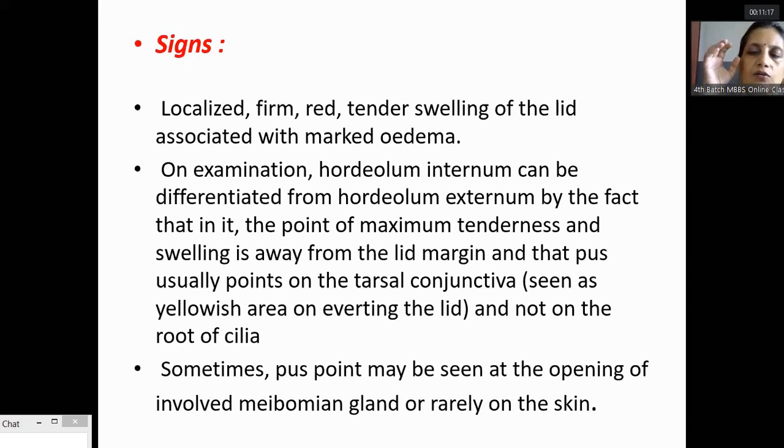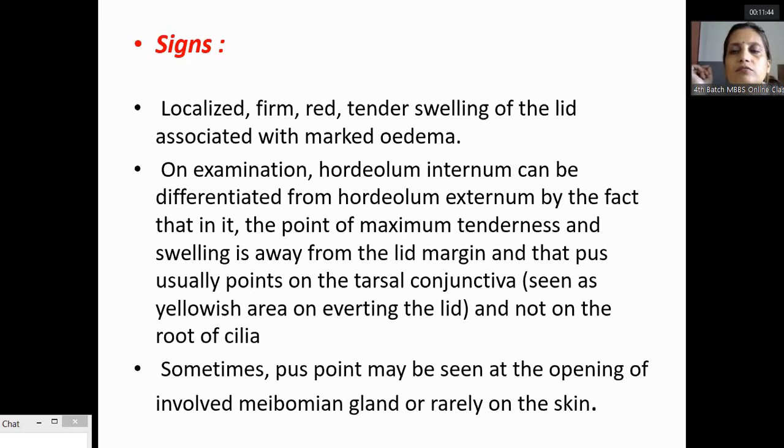The stye or hordeolum externum is at the lid margin, whereas the pus point in internum is usually on the tarsal conjunctiva, seen as a yellowish area on everting the lid, and not on the root of the cilia. In case of hordeolum externum, you will see the pus point at the root of the cilia. And one of the treatments of hordeolum externum is that you epilate that cilia.